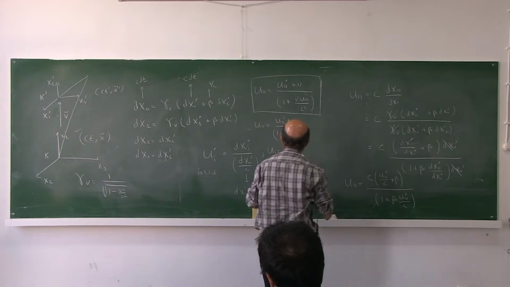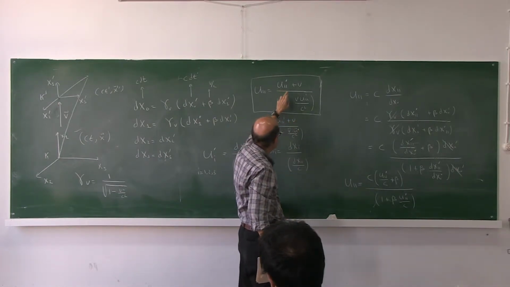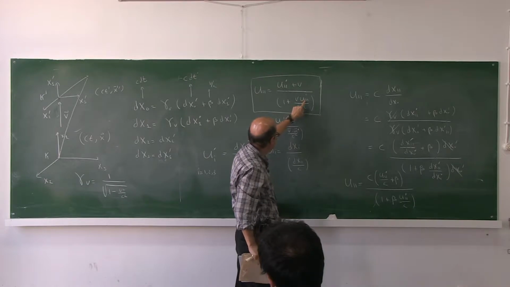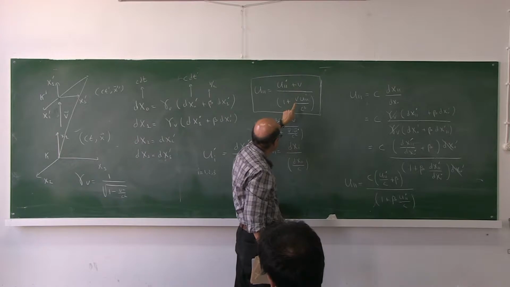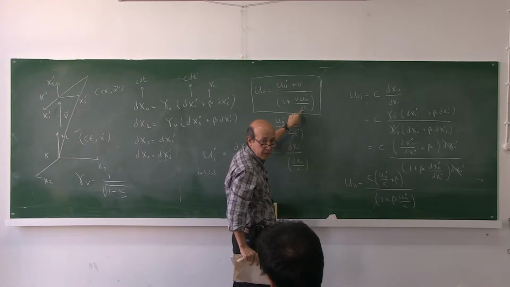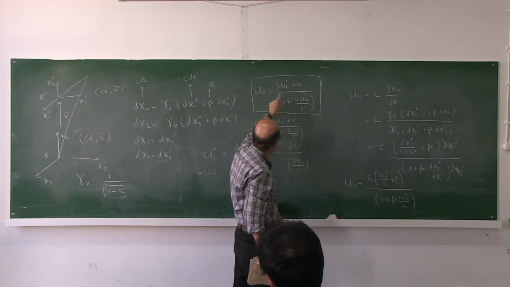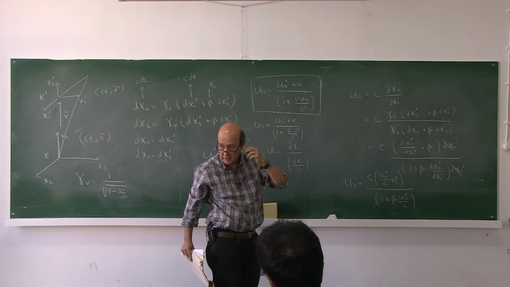But if you plug in c and c here, this will be c plus v over 1 plus v c over c square, that will be v over c. The c's will be cancelled, and this will be the c. In both frames, you will see that the speed of light is c.